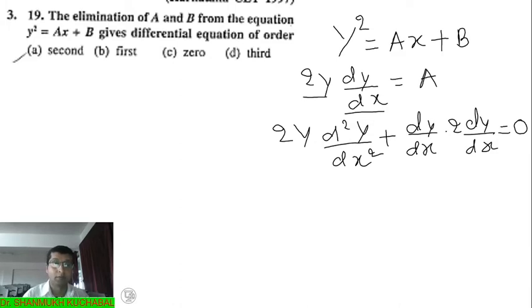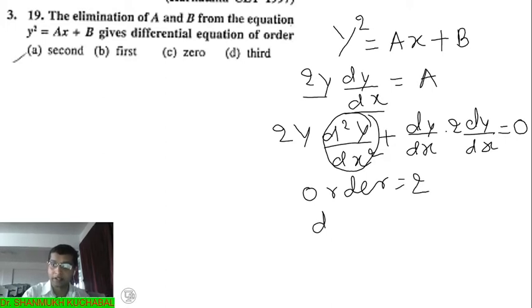In this we observe that the highest order is 2, so order is 2, and the degree, the power of the highest order, is 1. Option A, second order, is the right answer.